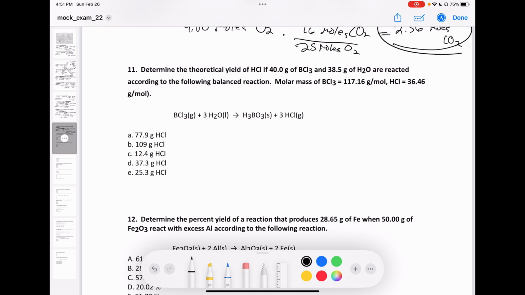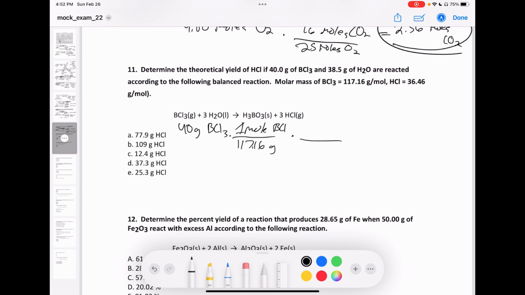Okay, so let's start off with the BCl3. So 40 grams of BCl3. And again, when we're doing stoichiometry, we want to convert everything to moles first, so to get from grams to moles we divide by molar mass. And the molar mass is 117.16 grams.